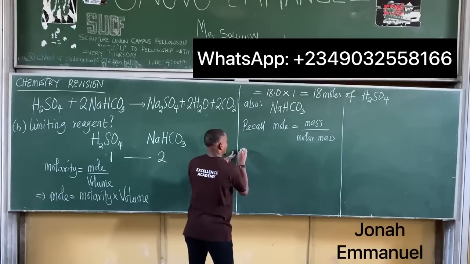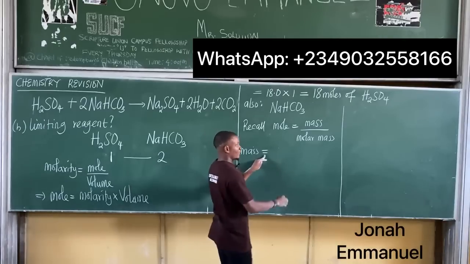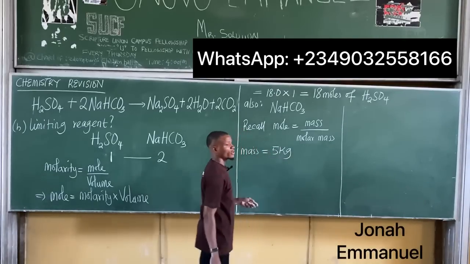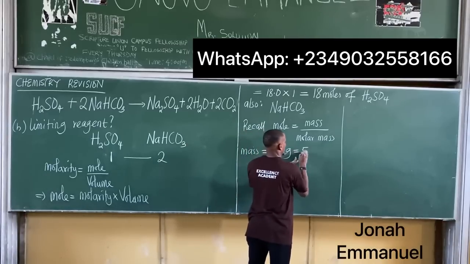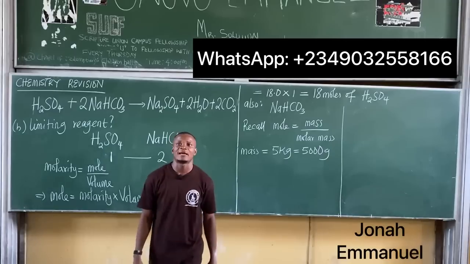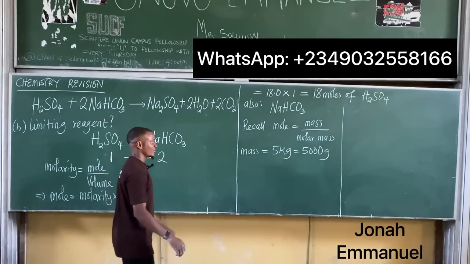So the mass, how many again, please? 5 kilograms. Please, I work with kilograms or grams, so convert to grams. What do you do? It becomes 5,000 grams. 5,000 is 5 times 1,000. A kilo is 1,000. So it becomes 5,000 grams.